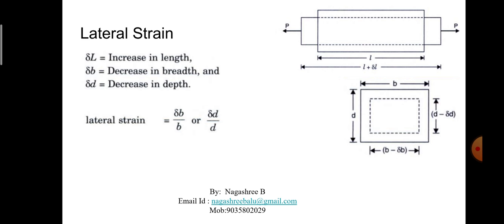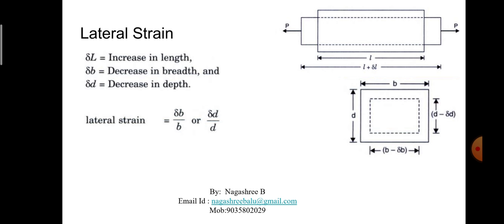So initial length will be L and final length will be L plus delta L. The initial width or breadth is B, and the change in breadth is B minus delta B. Similarly, initial depth is D, and the change in depth is D minus delta D. Therefore, lateral strain is equal to delta B by B or delta D by D.